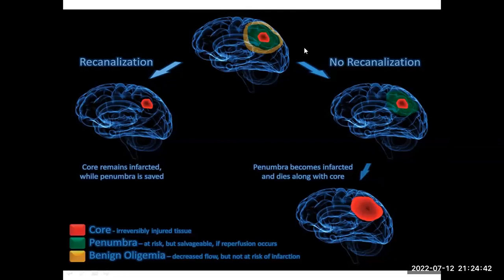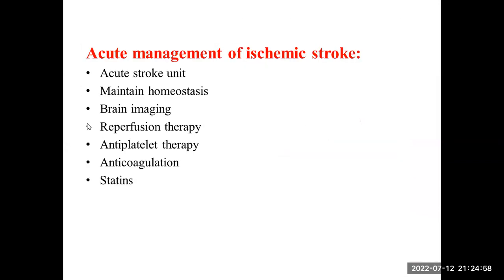And these collaterals have a capacity. And if you exceeded the capacity of these collaterals, eventually, even these collaterals will fail to supply the penumbra, and eventually the penumbra will become infarcted as well. So the main point of reperfusion therapy is to limit the size of infarction.